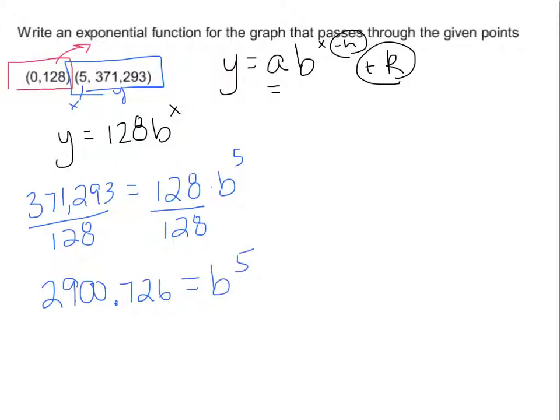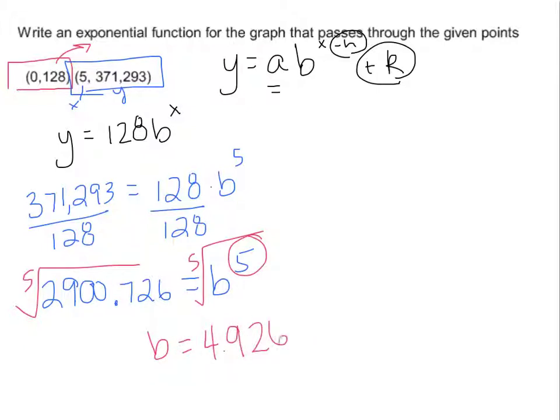And then we learned from a few units ago, the way we get rid of the fifth power would be to take the fifth root of it. So when we take the fifth root of 2,900.726, we end up getting a value of about 4.926.